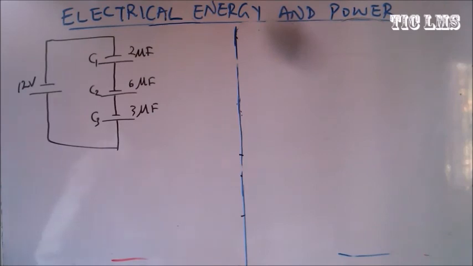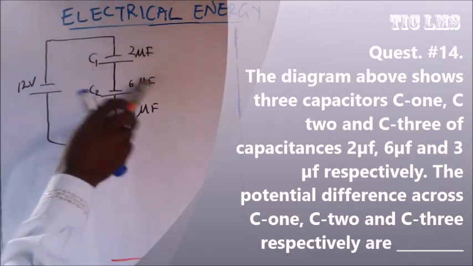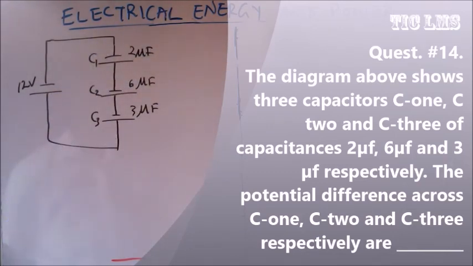This next question says, this diagram shows 3 capacitors, C1, C2, and C3 of capacitances 2 microfarad, 6 microfarad, and 3 microfarad respectively. The potential difference across each respectively are what?